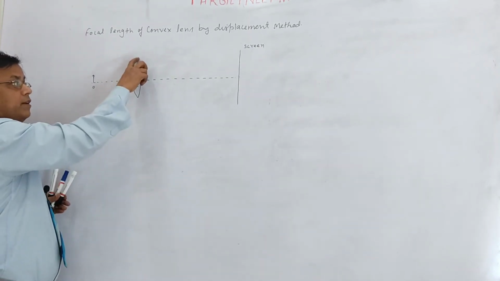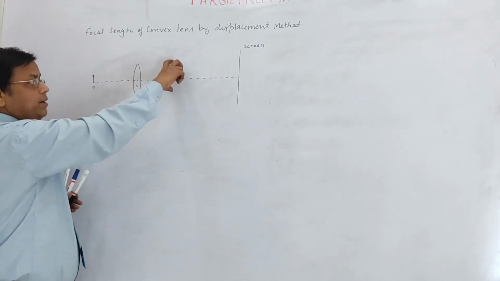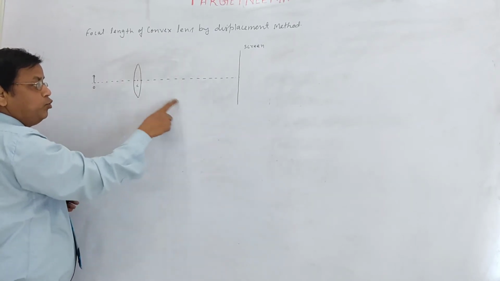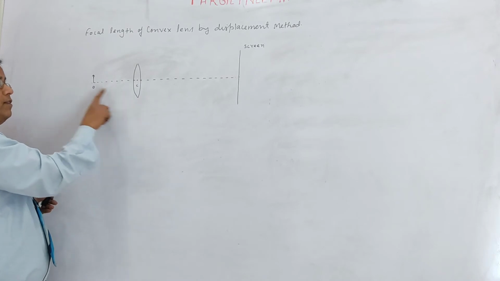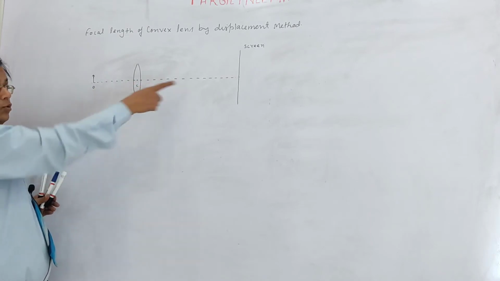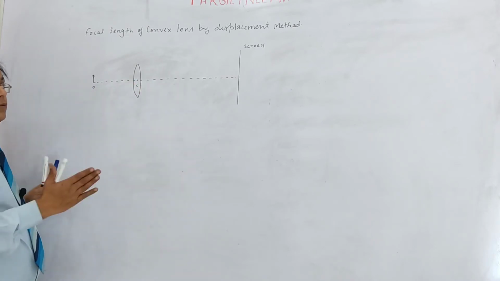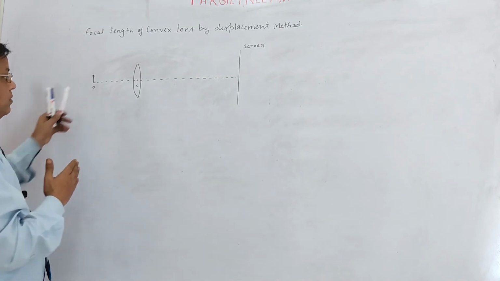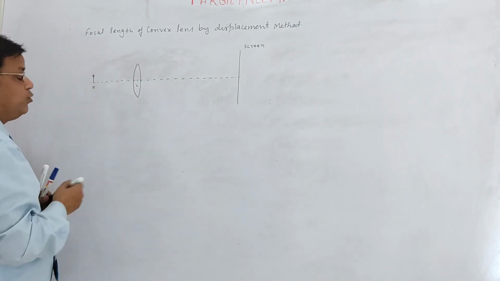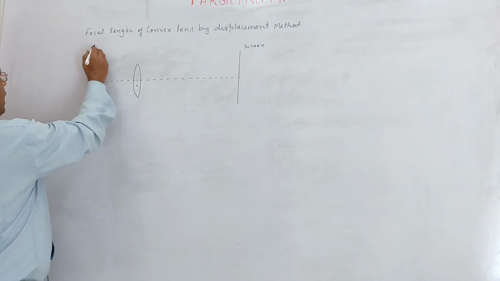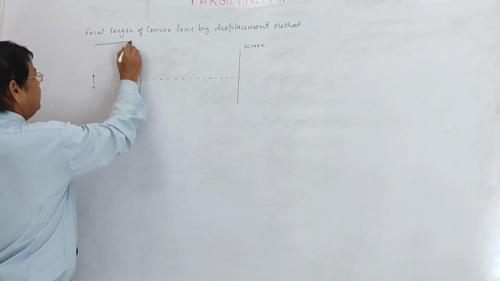Suppose the first position is here, then the second position will be somewhere here. So there will be two positions of lens, and this lens will form a real image of this object on the screen. So I am supposing that the distance between this object and screen is more than 4F, and let this distance be D.